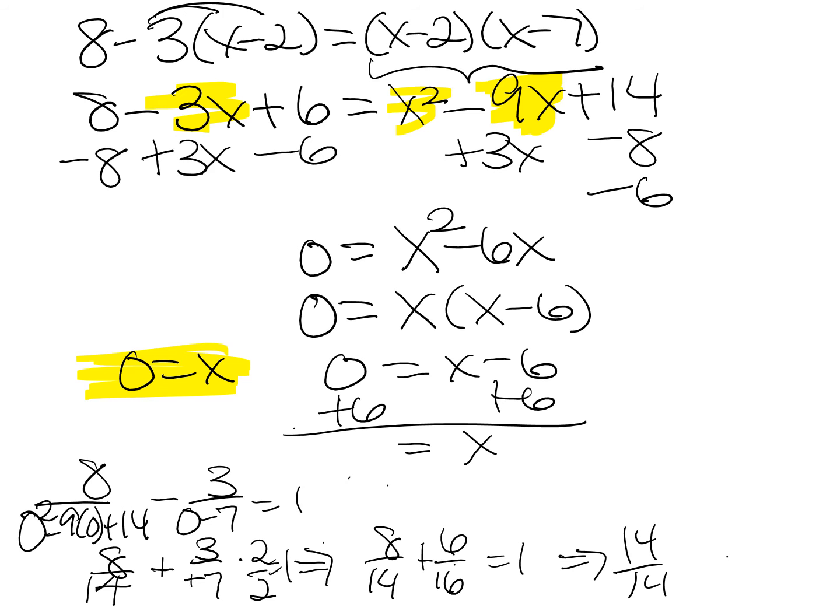Okay, so 6. So now I need to try, oh, my 6. Ooh, that looks not so good. Okay, so now I would plug 6 in, and so that's going to give me some pretty big numbers. I should probably clear this up just so I can show that I can make room for it.